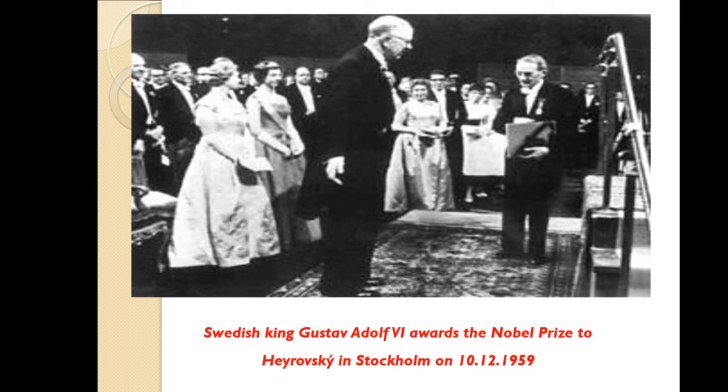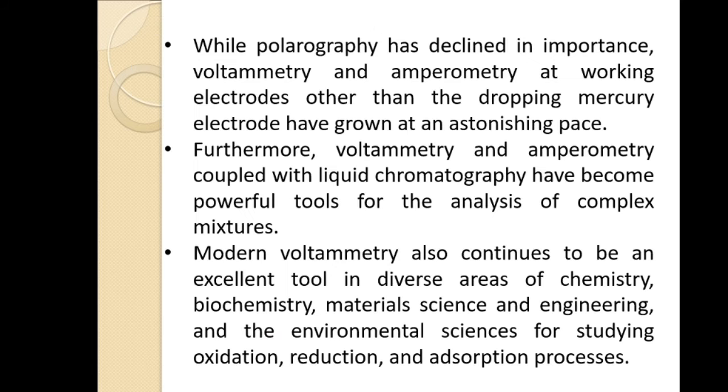For his discovery, he received the Nobel Prize in Stockholm on 10/12/1959. While polarography has declined in importance, voltammetry and amperometry at working electrodes other than the dropping mercury electrode have grown at an astonishing pace.